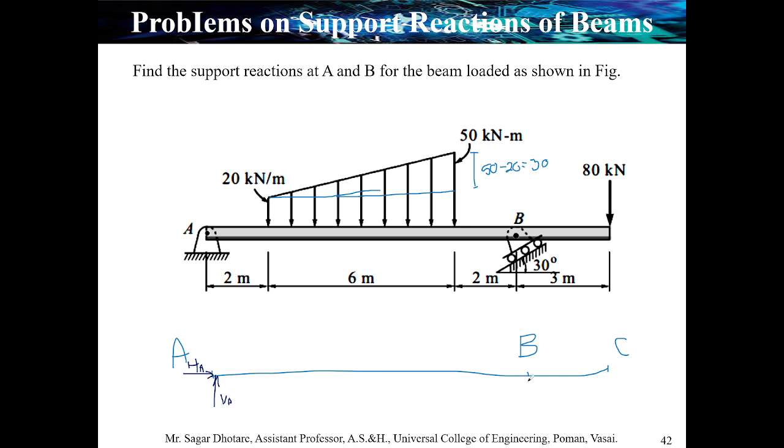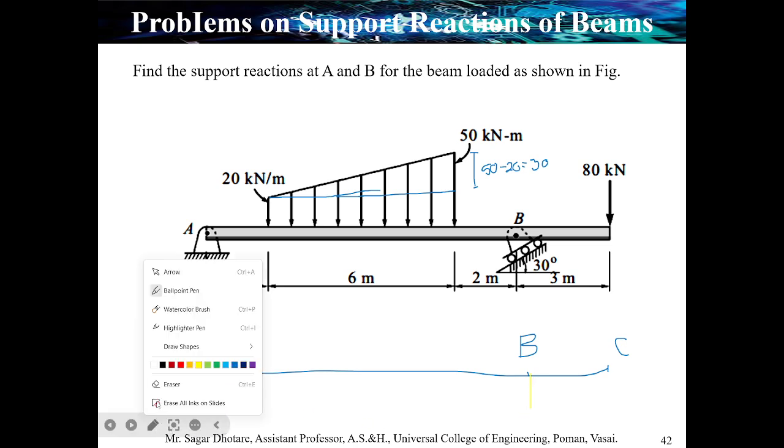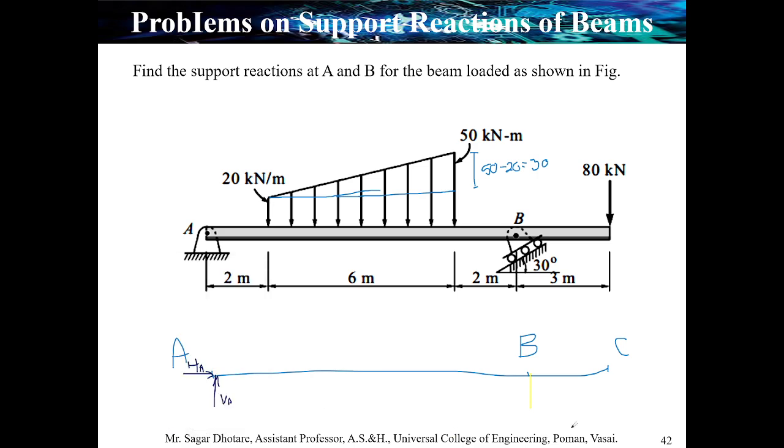At point B, there is some angle given for the rolling support. It is about 30 degrees with the horizontal. So I'm just making a vertical line, and from that I have to take the angle.